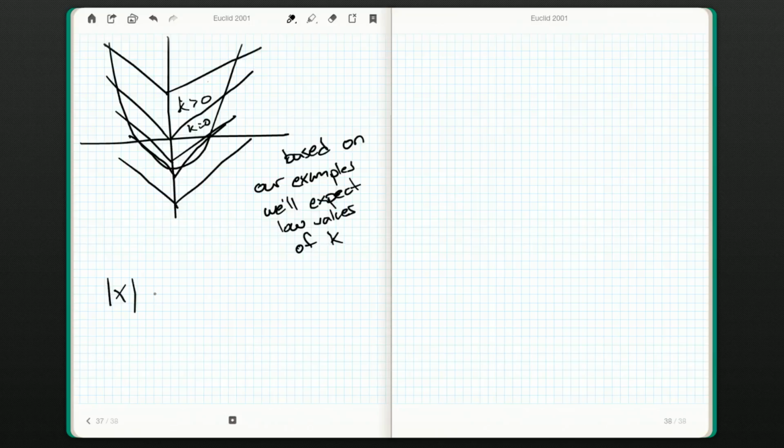Well, the function absolute value of x is, as I've said, sort of 2 lines mashed together. It's negative x if x is less than 0, and it's x if x is greater than or equal to 0.